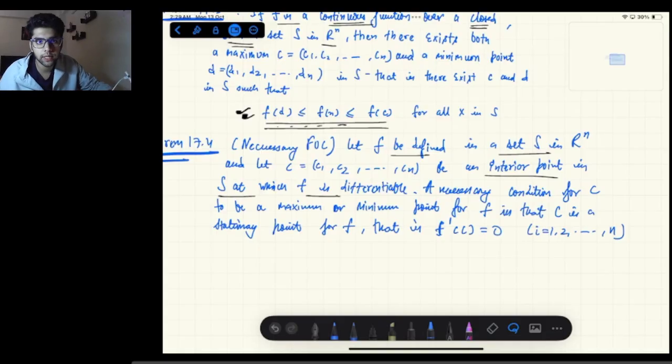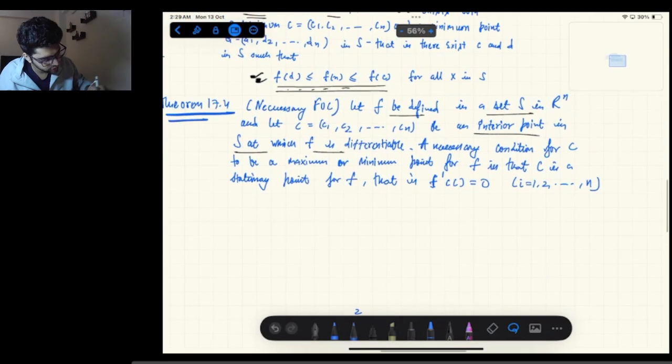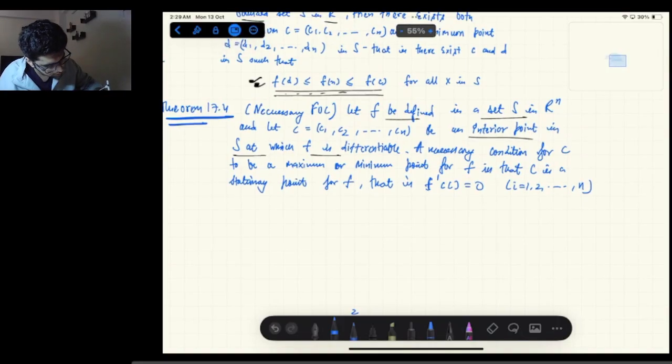There is a difference between a necessary condition and a sufficient condition, right? But let me just explain what this statement means. Let's just say C belongs to R only. So we have a point C, and we are saying that C is in the interior of S. So it is not a boundary point.